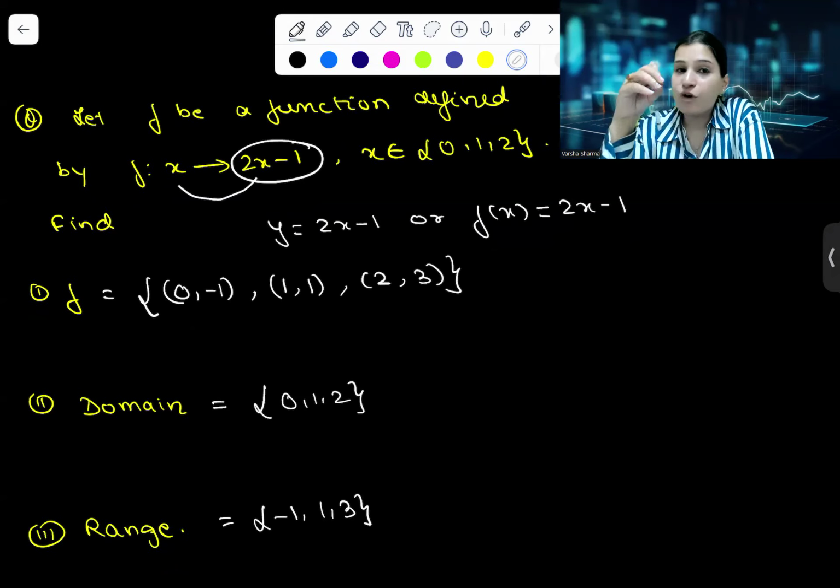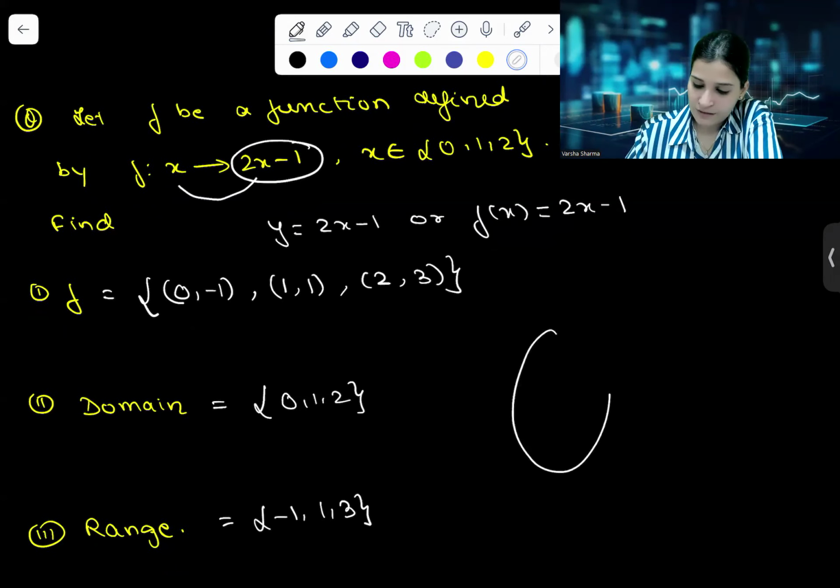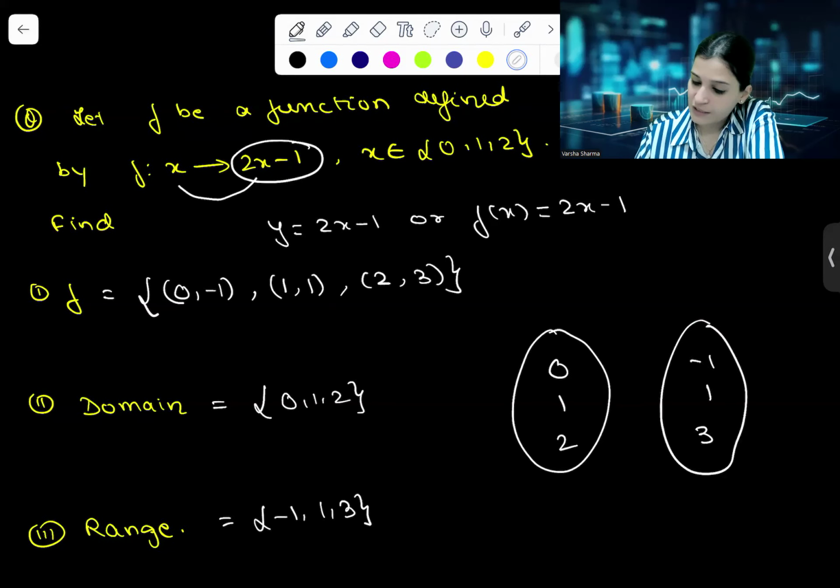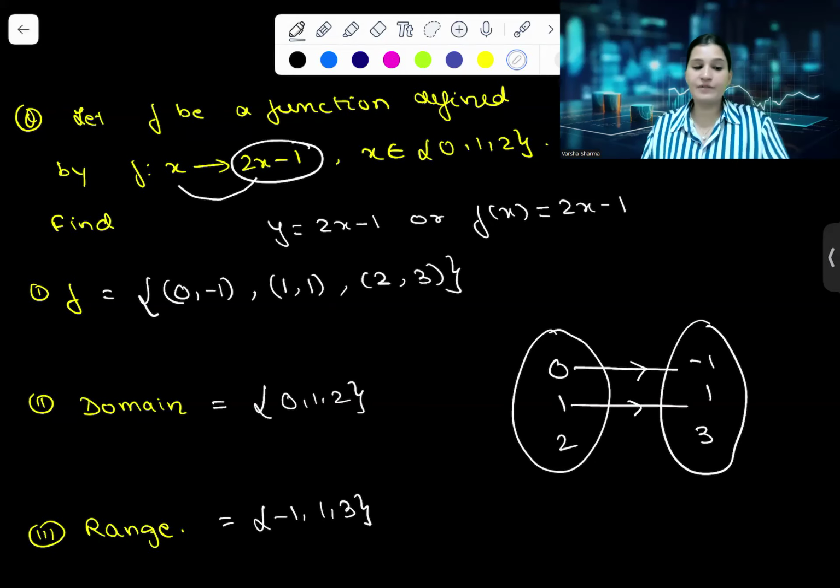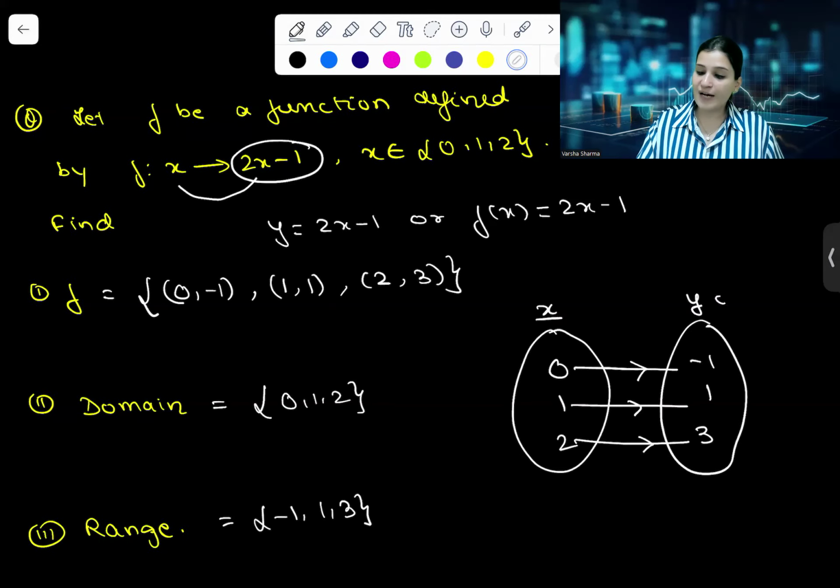Now the pairs that I formed in f, see here. This is the first set, 0, 1, 2. The second set, I have minus 1, 1, 3. 0 is paired with minus 1, 1 is paired with 1, 2 is paired with 3. So these are all values of x and these are all values of y or f(x), right?